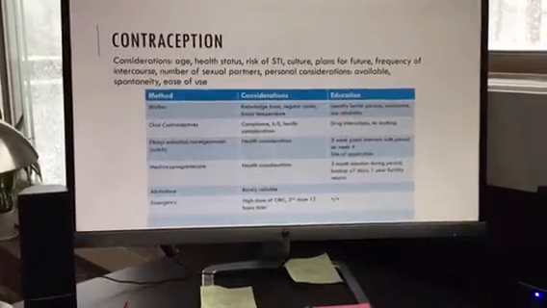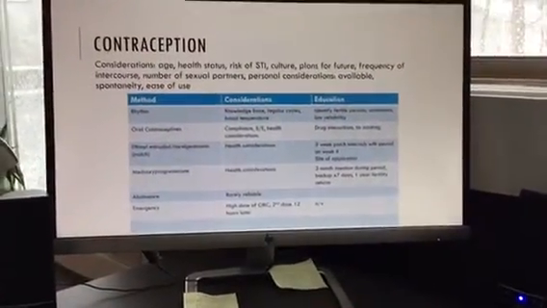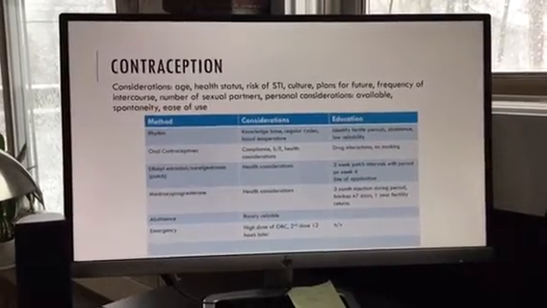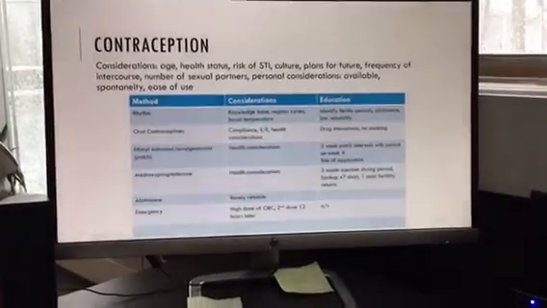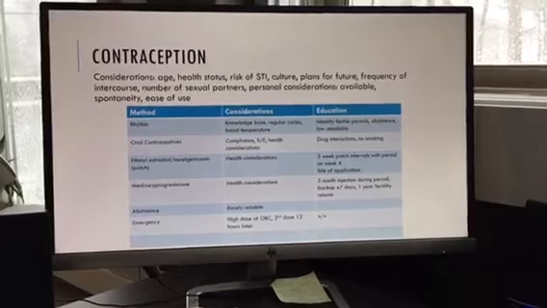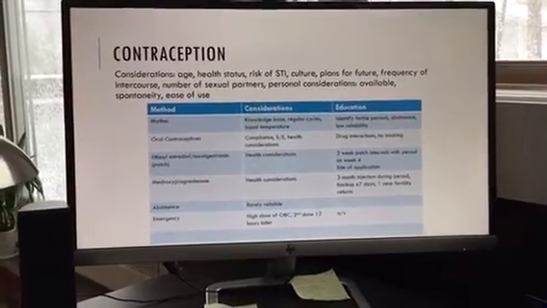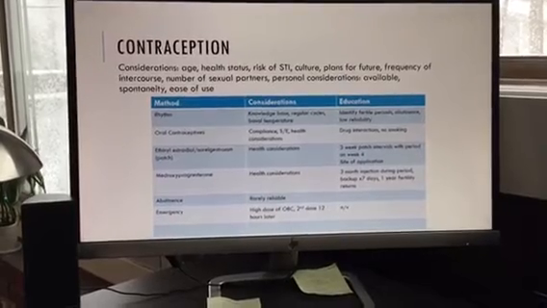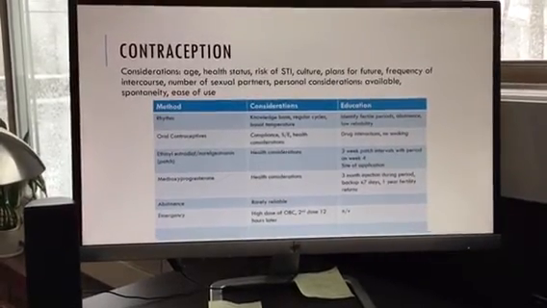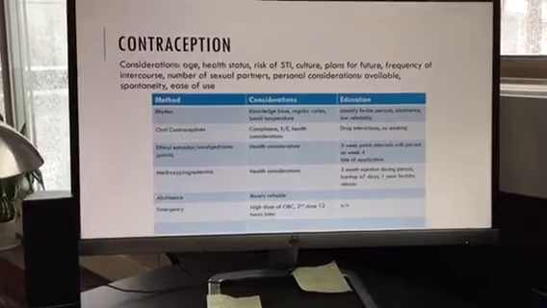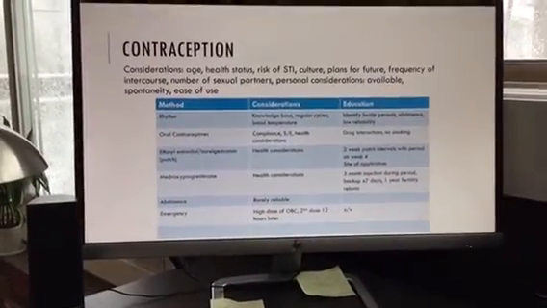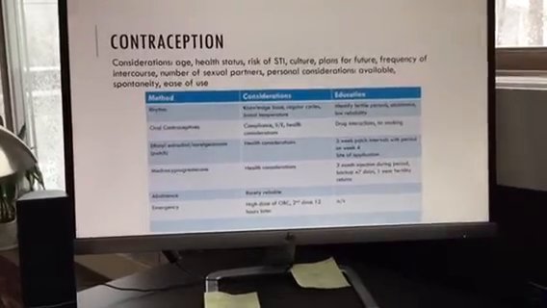Moving into contraception, some of the things that we have to consider when we're working with our female population is their need for contraception. And every woman's need is unique depending on her age, her previous health status, if she has underlying disease, if she has multiple sexual partners, if she's had a history like PID, pelvic inflammatory disease, culture, her belief system, and plans for the future.